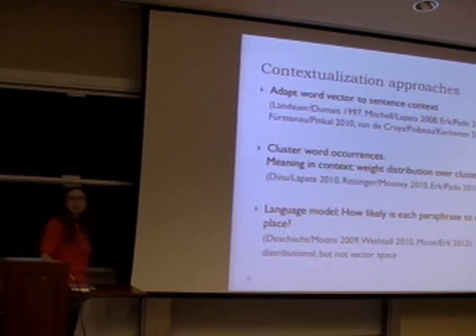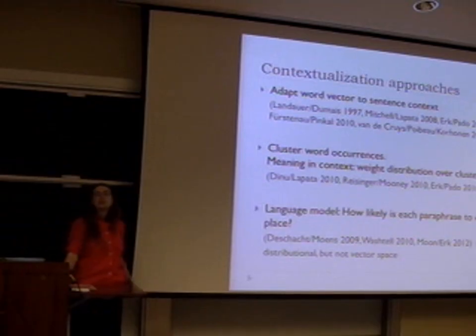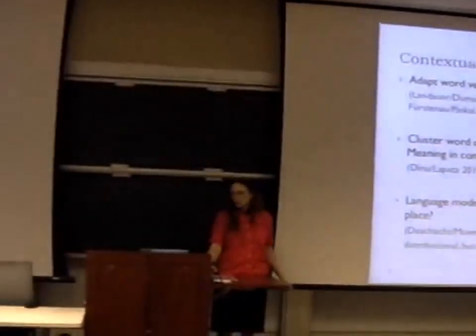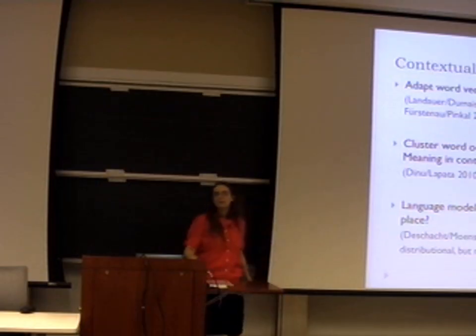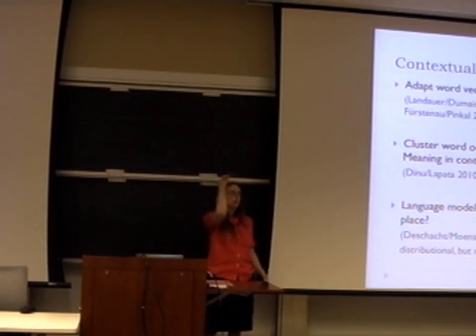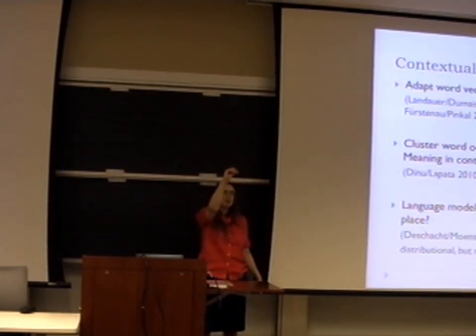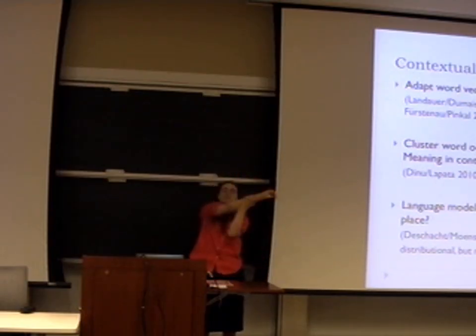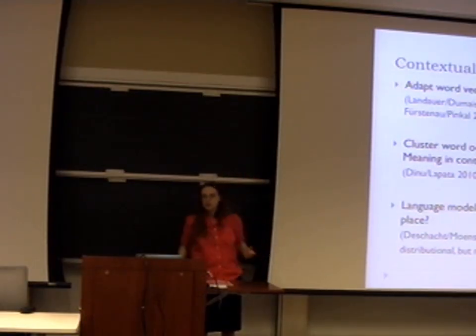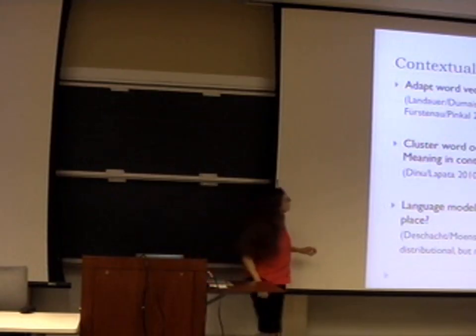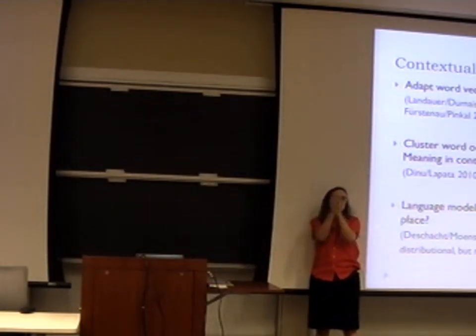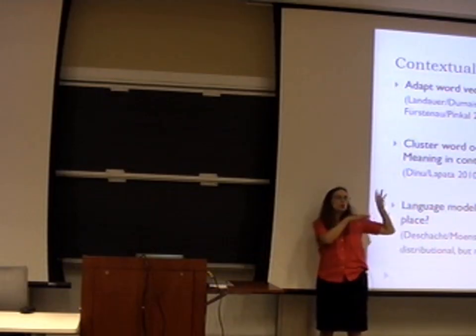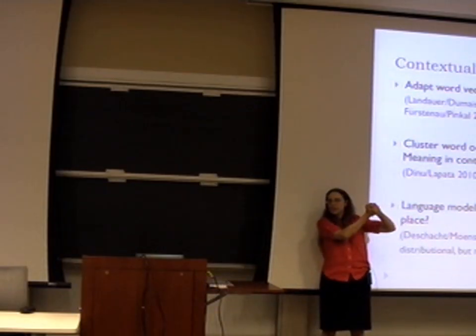So, how can we do this, computing these individual points for occurrences rather than complete words? There are a couple of groups of approaches. Either you have this vector for bank, mixing financial and riverside, and given a context, you bend the vector, you adapt it to the context. Another way of proceeding is, instead of computing this one vector for bank, you take the individual occurrences and you cluster them beforehand.